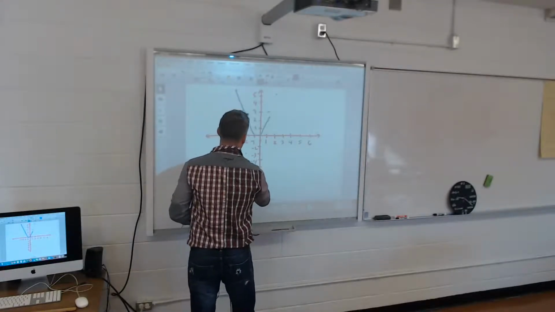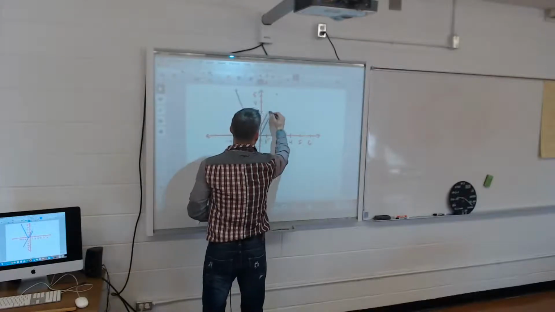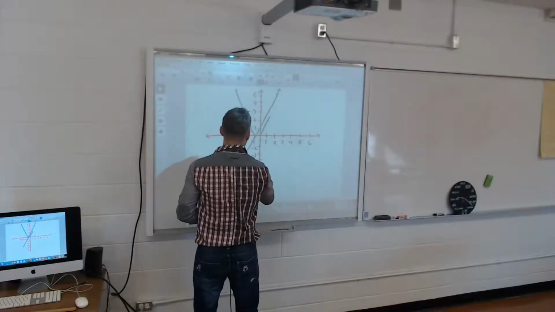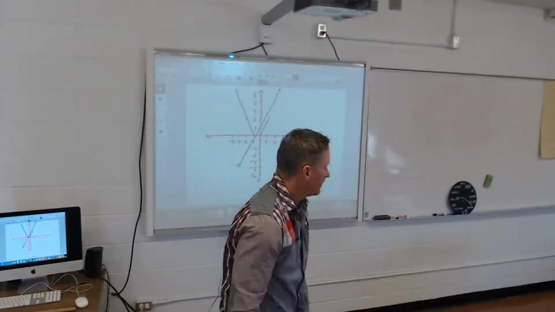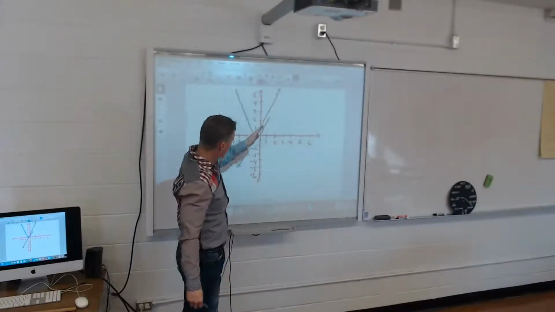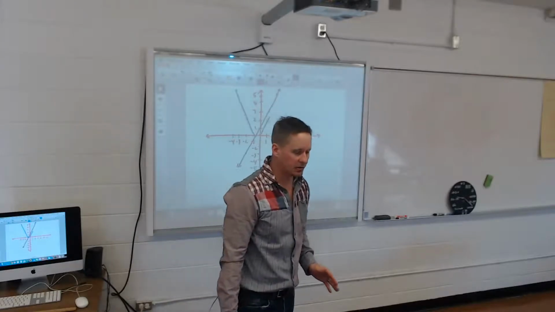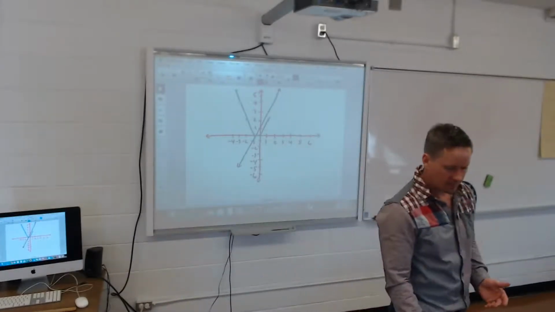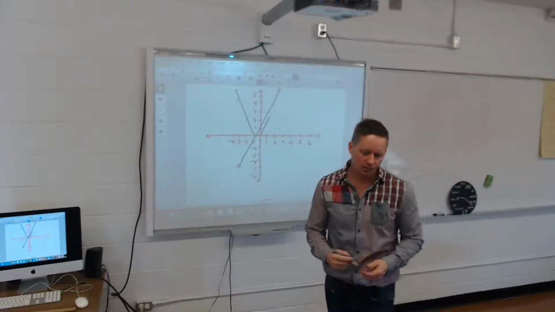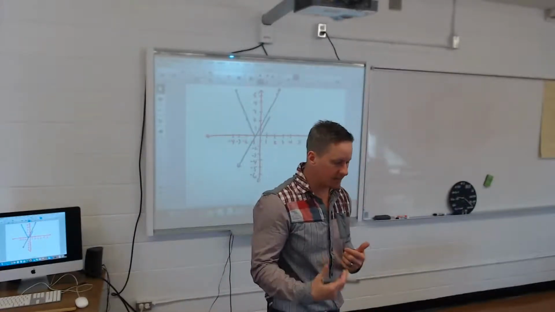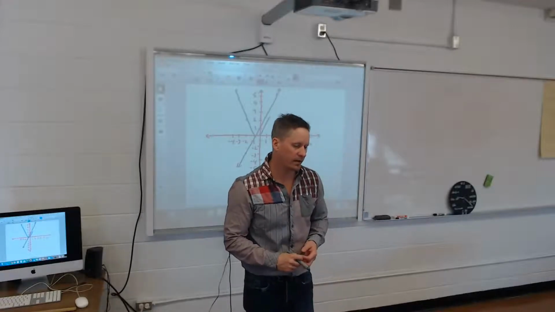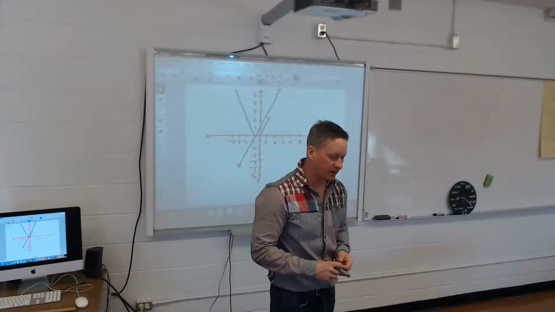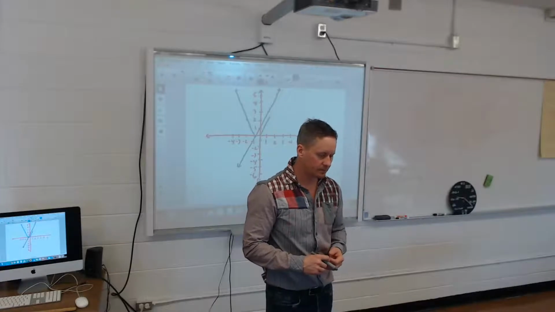But right now, I look at that one as it's drawn, and I see that it creates a straight line, and it goes through all of my coordinates. Okay? So for you right now, that's the easiest way we can tell whether or not it is a linear graph or not. Okay? All right.